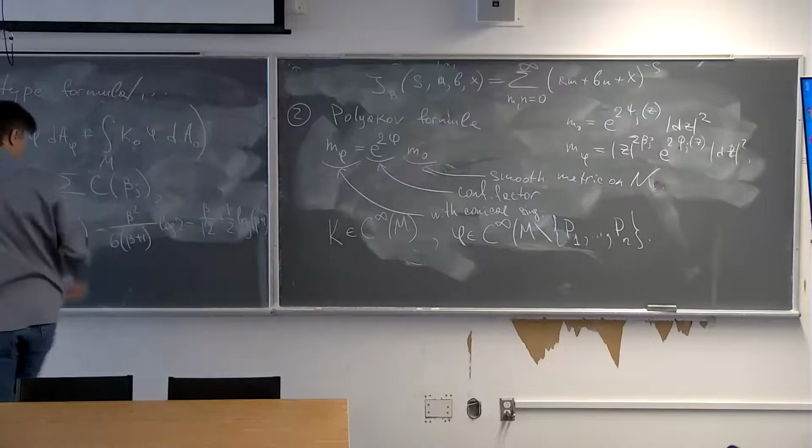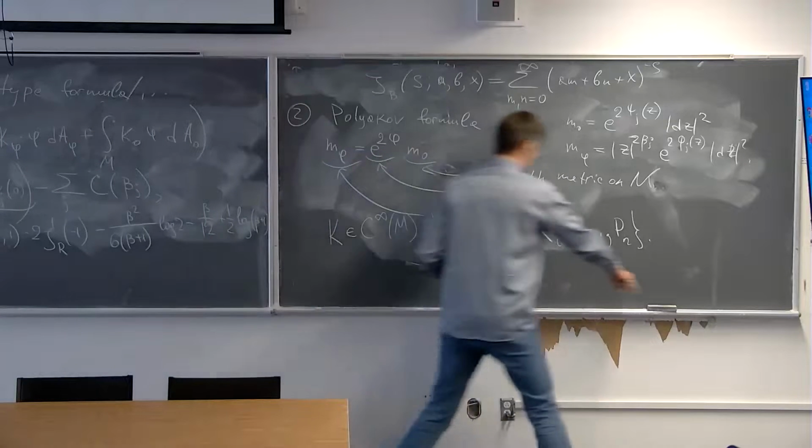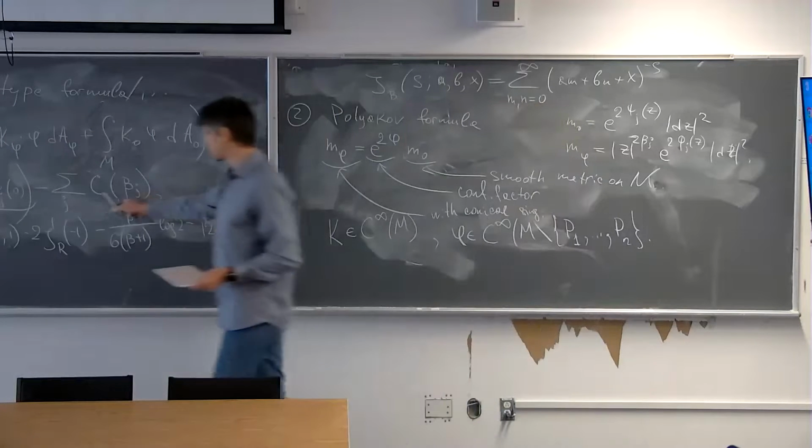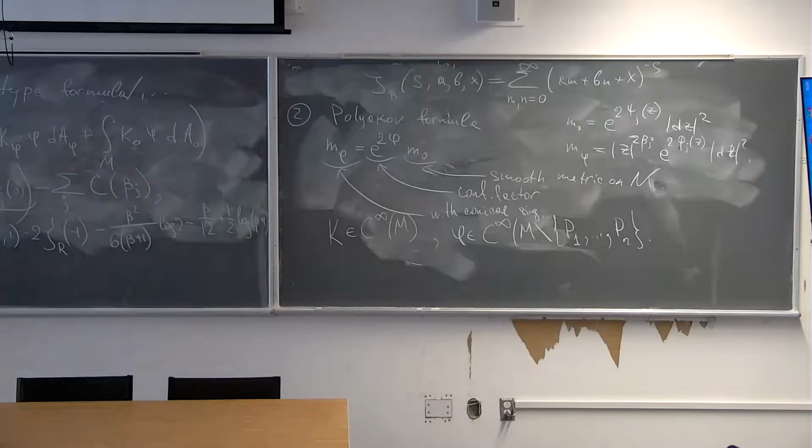Some remarks are in order. So first of all, the function, this one, it's a real analytic function of the orders. So if you consider the interval from -1 to infinity and consider this function on this interval, it's real analytic.